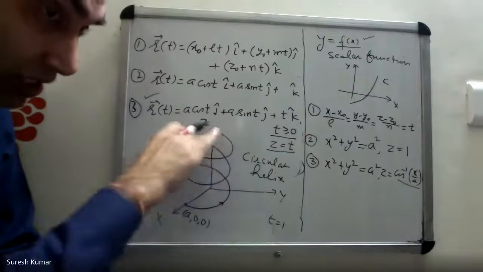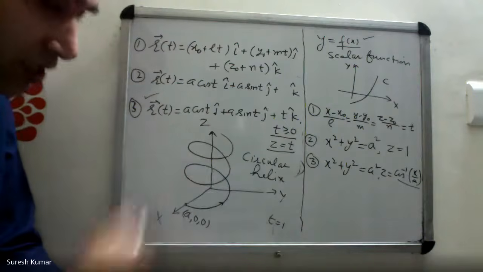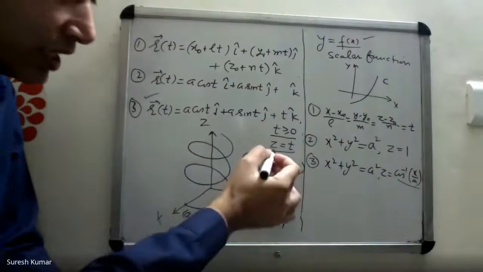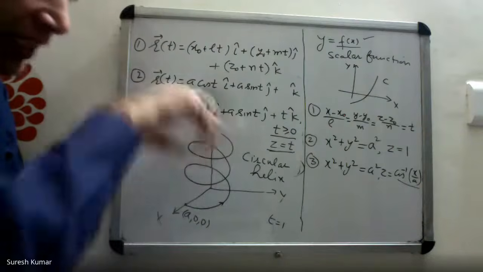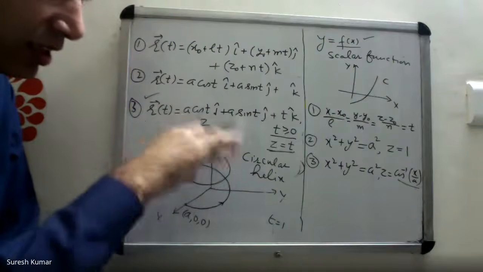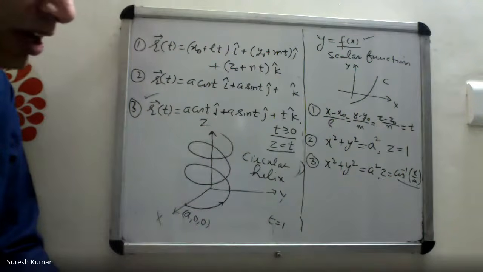In the plane z equal to 1. So every time the point is going to a different plane dictated by z equal to t. You keep on moving, but at the same time keep on rising. So you will get a spring kind of structure called spiral. In this case, we call it circular helix.